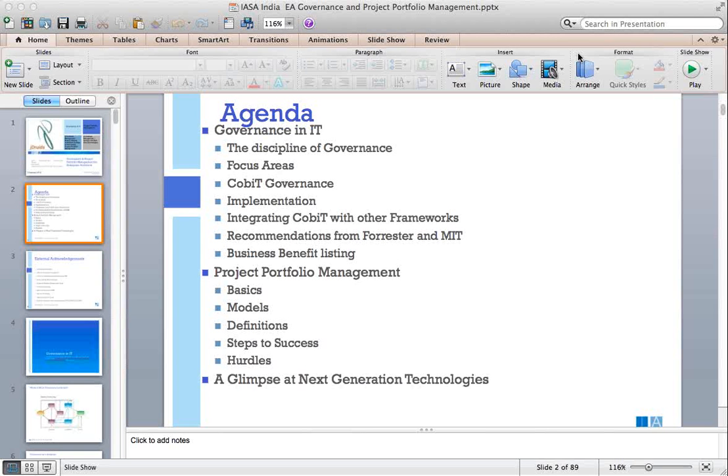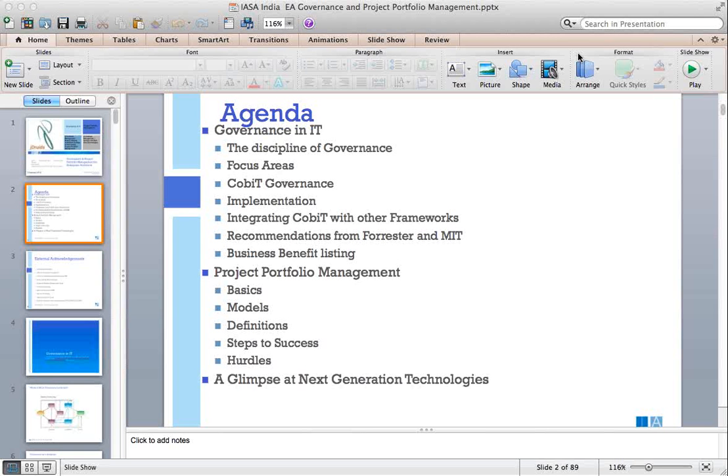Looking at the timeline and the number of people who are attending from the governance side as well as from the project portfolio management side, I have decided, if it goes well with you, that I will have a brief introduction about governance, but I'll go in depth into the areas related to project portfolio management.